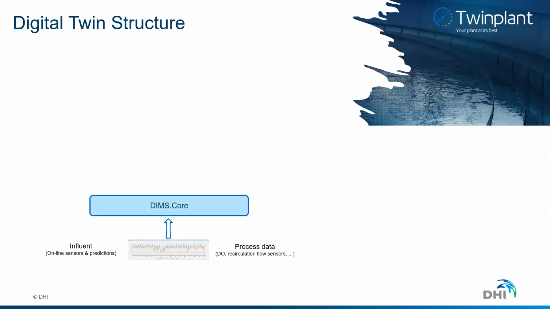And when we build digital twins for treatment plants, they would typically look like this in terms of functionality. You have connections to your sensor data. You get real-time data from the plant. We have a system called DIMS Core that can connect to SCADA systems and does quality assurance, data validation, and data processing, but it doesn't have to be present. But that's typically the way we do it.